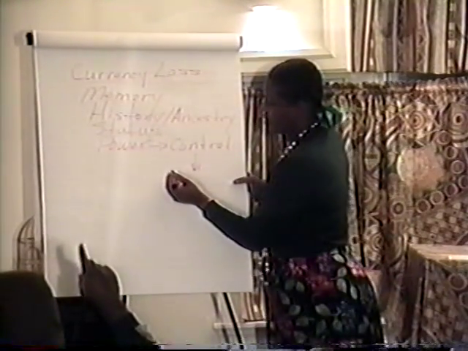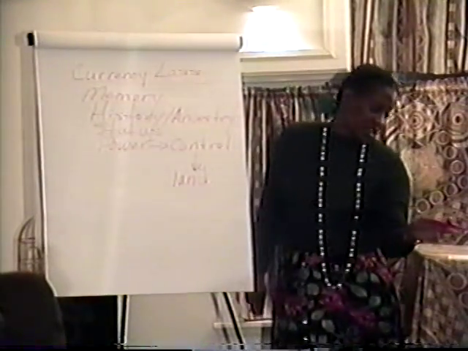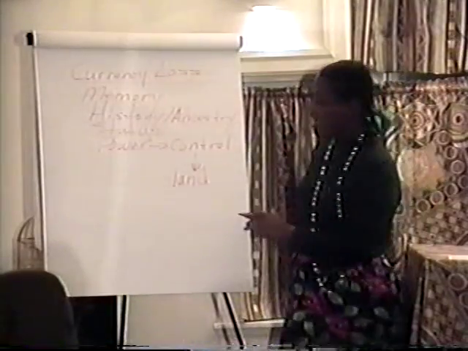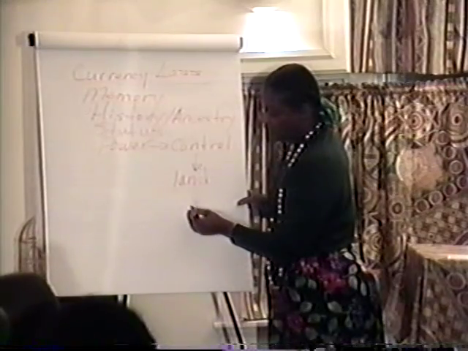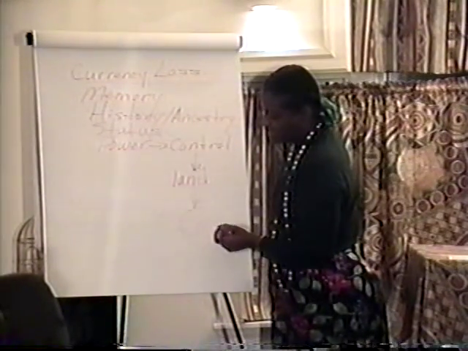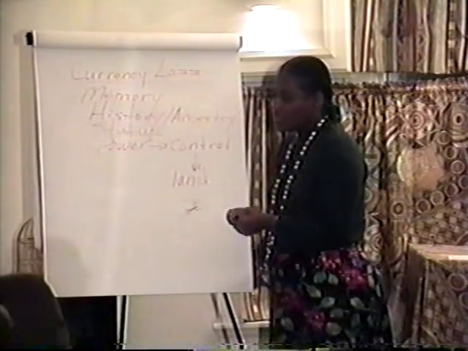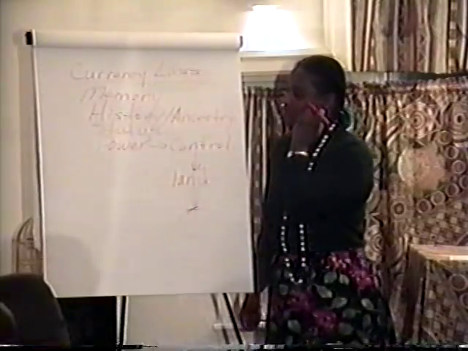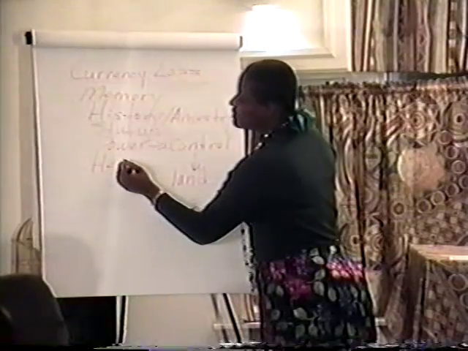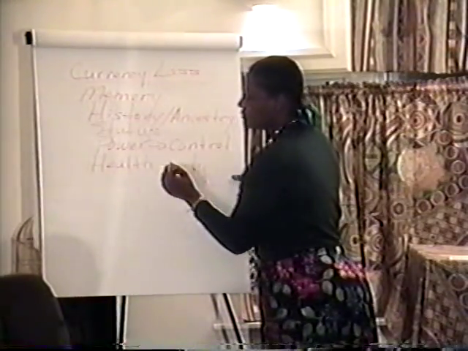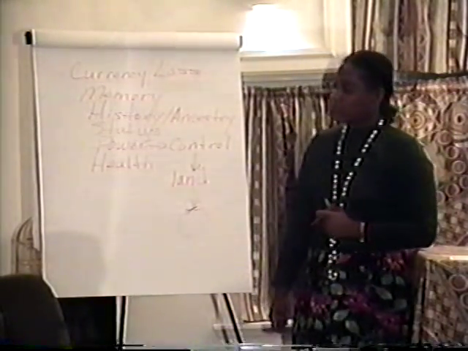Control of what? What have we lost control of? Ourselves. We lost total control of our land, and that's where I'm going because I'm getting to that. Well, actually, number 5. When we lost this, I'm going to draw a circle. We lost everything. The Alpha and the Omega. Now, what else have we lost when we lost currency? Loss of health. Don't you lose your health?